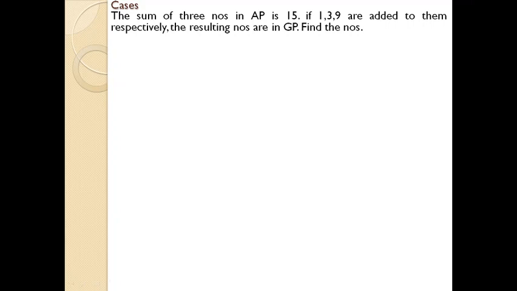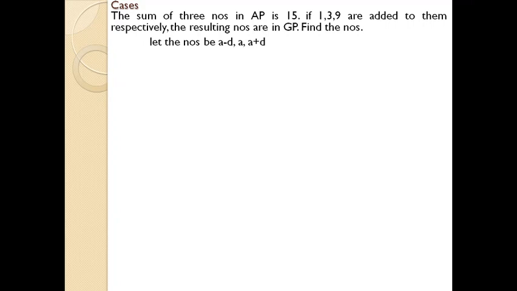When the sum of three numbers in arithmetic progression is 15, whenever such a situation comes, we have to follow a note which has been stated in the previous slide. Assume that the three numbers are a minus d, a, a plus d.